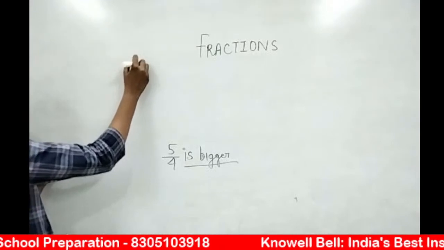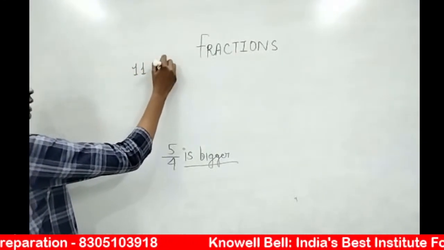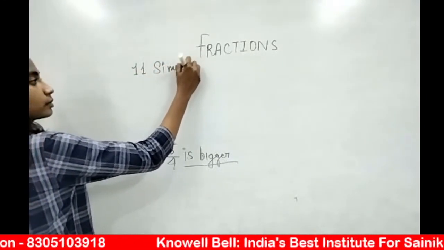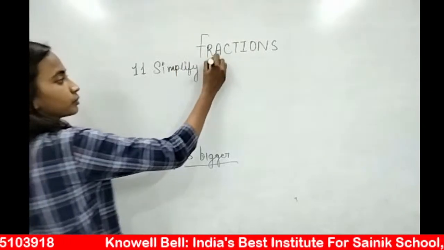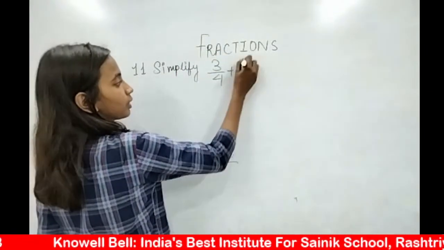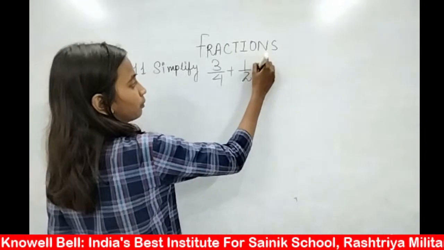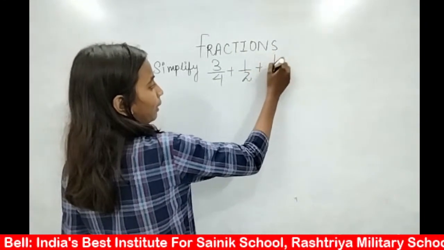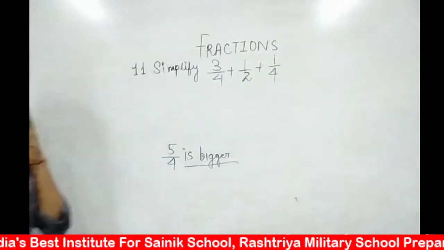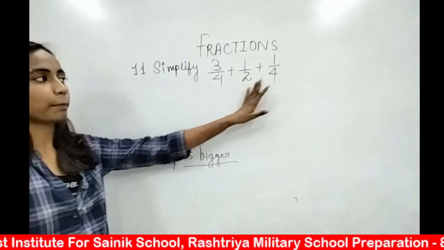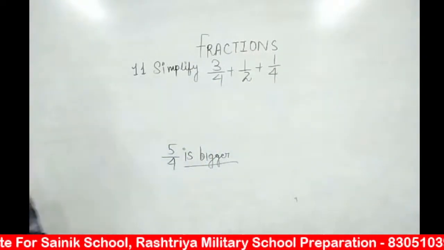Okay, next is question number 11. Simplify 3 by 4 plus 1 by 2 plus 1 by 4. Go ahead. Simplify 3 by 4 plus 1 by 2 plus 1 by 4.